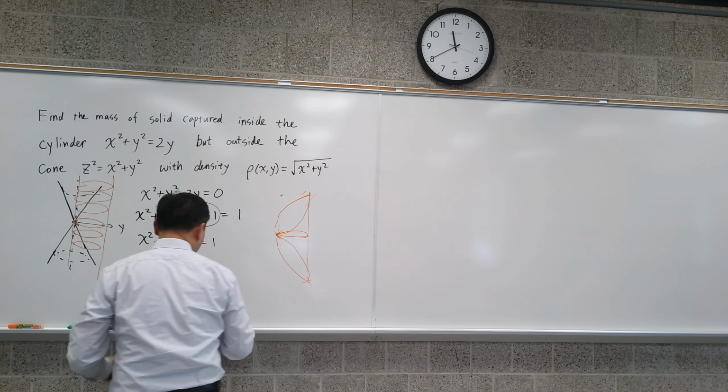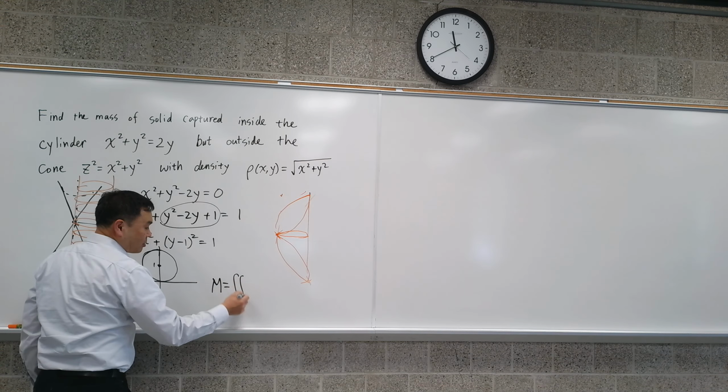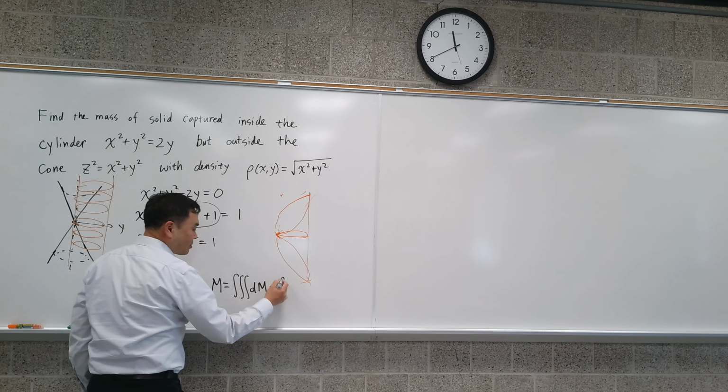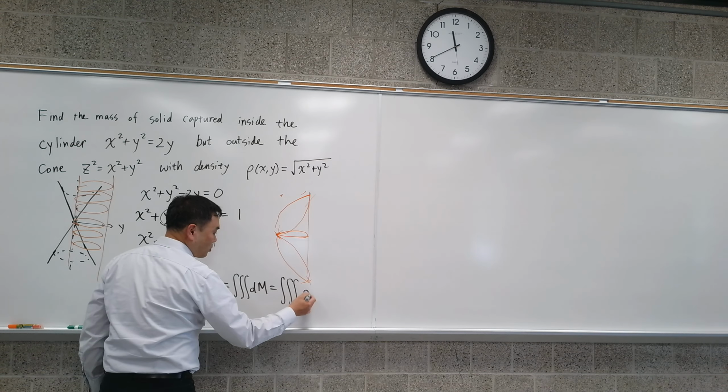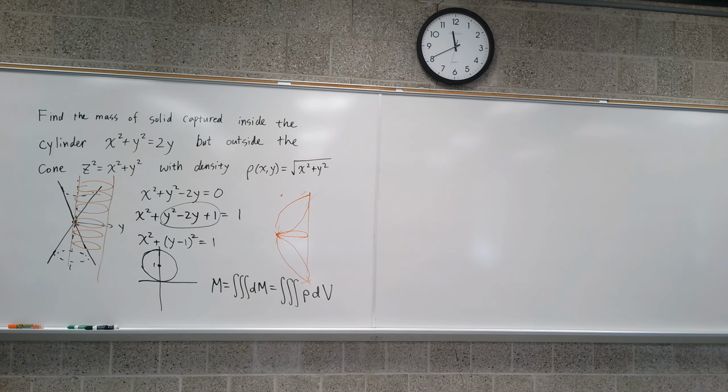Like before, the way we are going to calculate mass is the sum of small bits of masses, and that's rho dV, right? Because the definition of rho is you take a very small portion, measure its mass, divided by its volume.